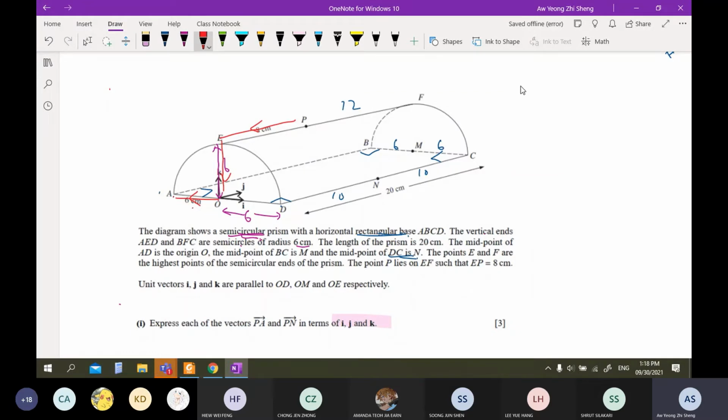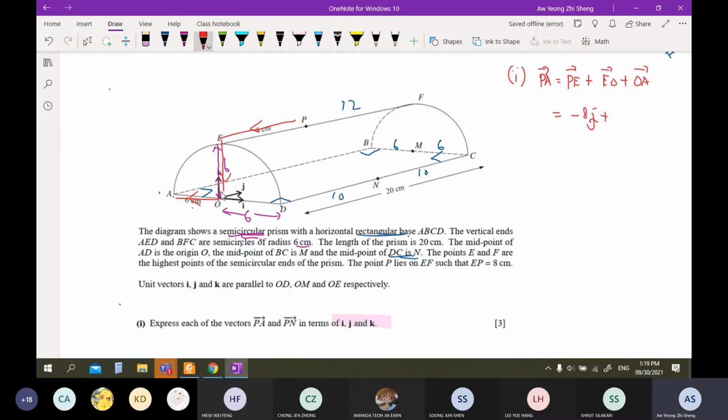Okay, so let's write, because I don't want to scroll down, I just write my working on the right. PA is equal to PE plus EO plus OA. And then referring to your diagram, PE has a length of 8, in the direction opposite to j, so you have minus 8j.